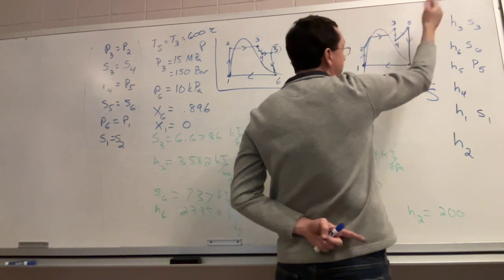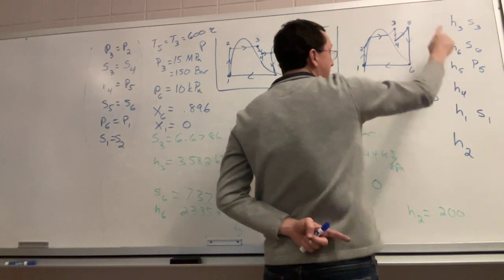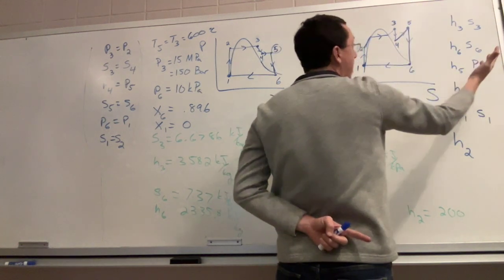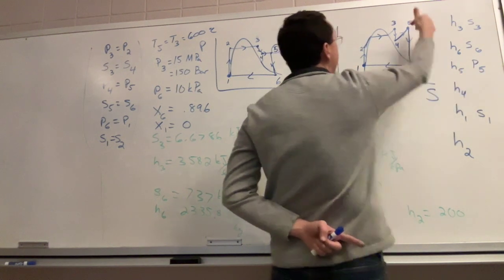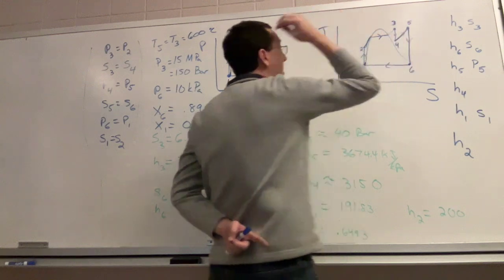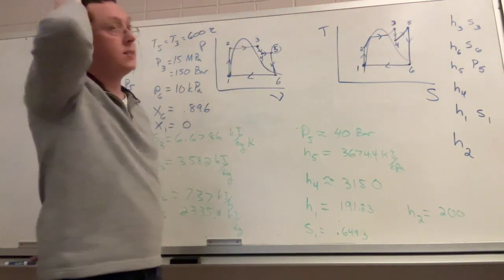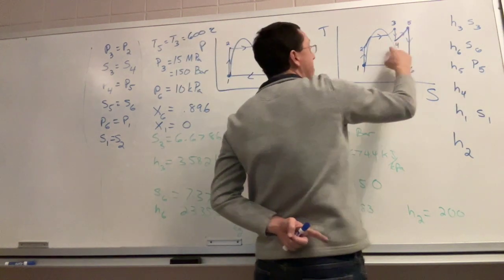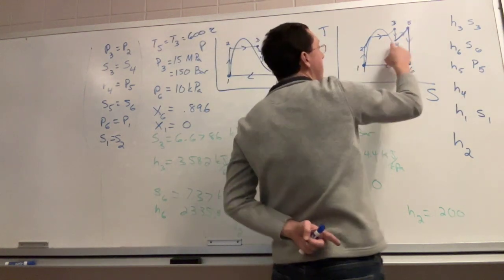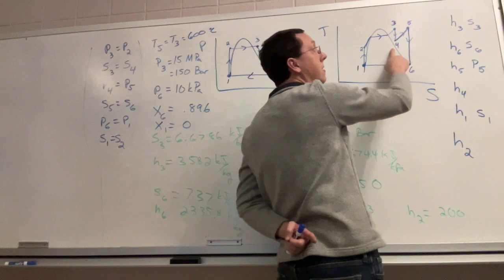Since you were given the temperature at 5, that's two numbers. You can find anything you want in principle. So you want to look up the enthalpy and pressure at 5. And since from 4 to 5 is through the boiler the second time, that's going to give you the pressure at 4.